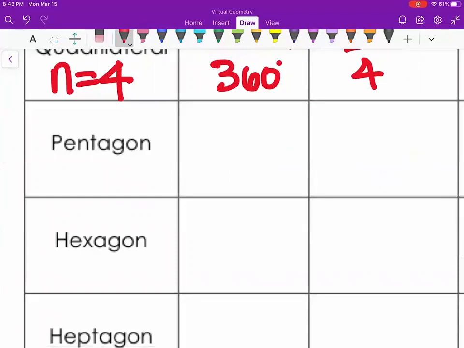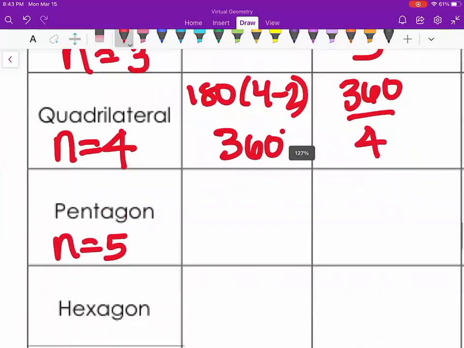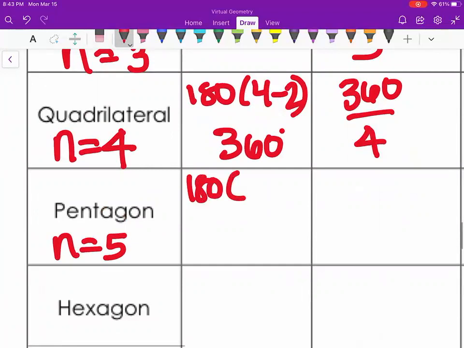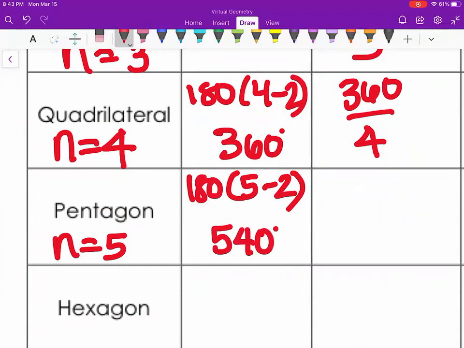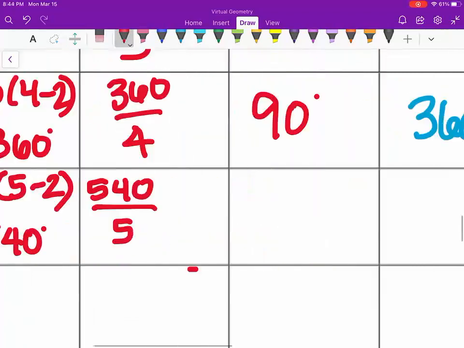All right, our pentagon means n is 5. So 180 times 5 minus 2 gives us 540 for my total sum. 540 divided by the number of sides, which is 5, means each interior angle is 108.